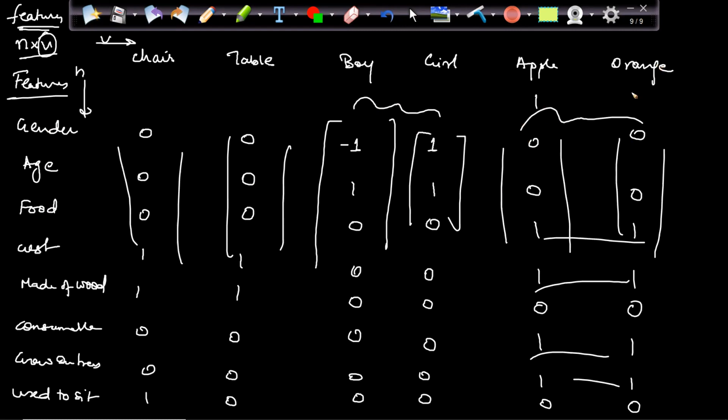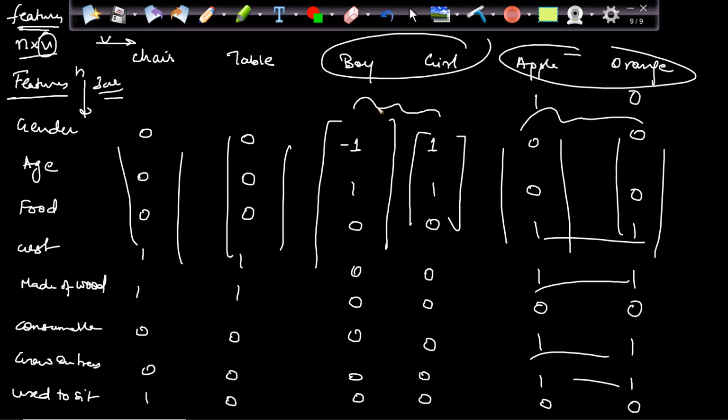Apple is red, orange is not red, something like that. More features will be added, because my n is 300 dimensions, and right here I'm just taking 8 dimensions. But still, I'm able to segregate that these are consumable, these are food, these look like human beings, and these are non-living things, right? So we are able to understand that.